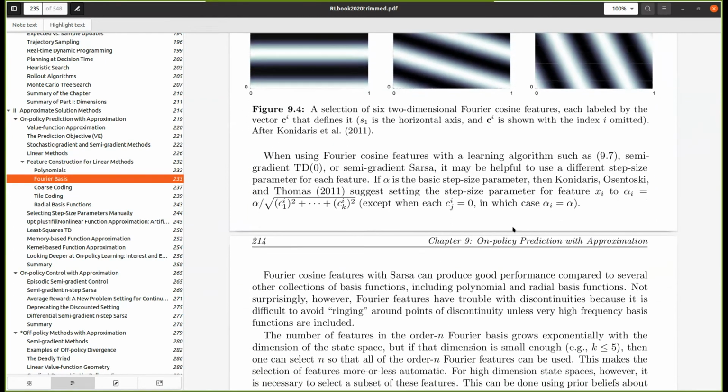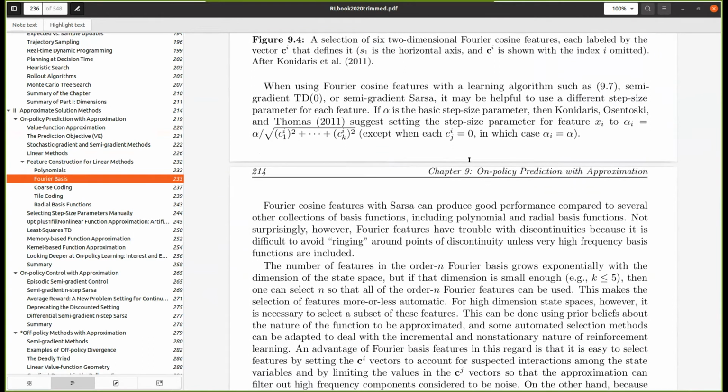Okay. And here is an interesting thing to note: when using Fourier features, the learning rate is usually said to be dependent on these C values.